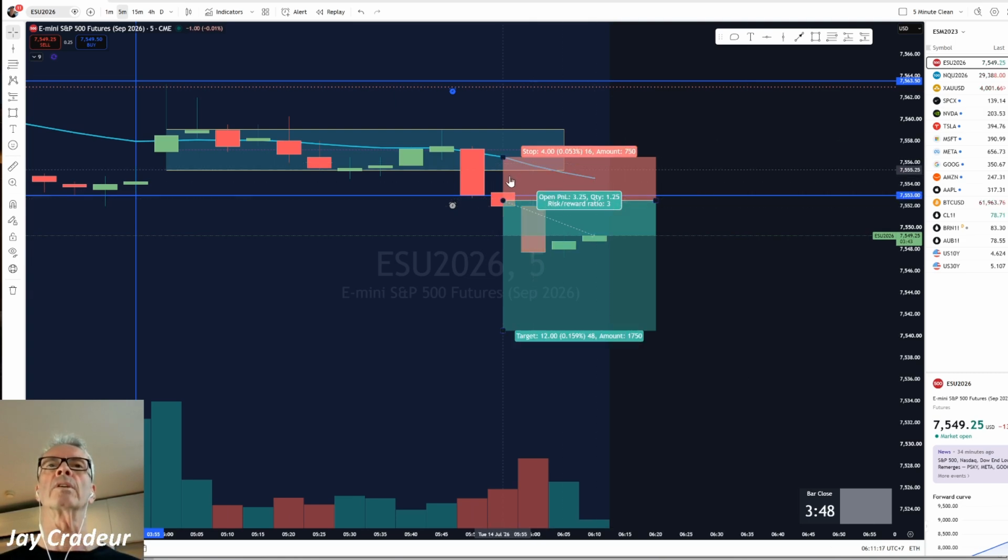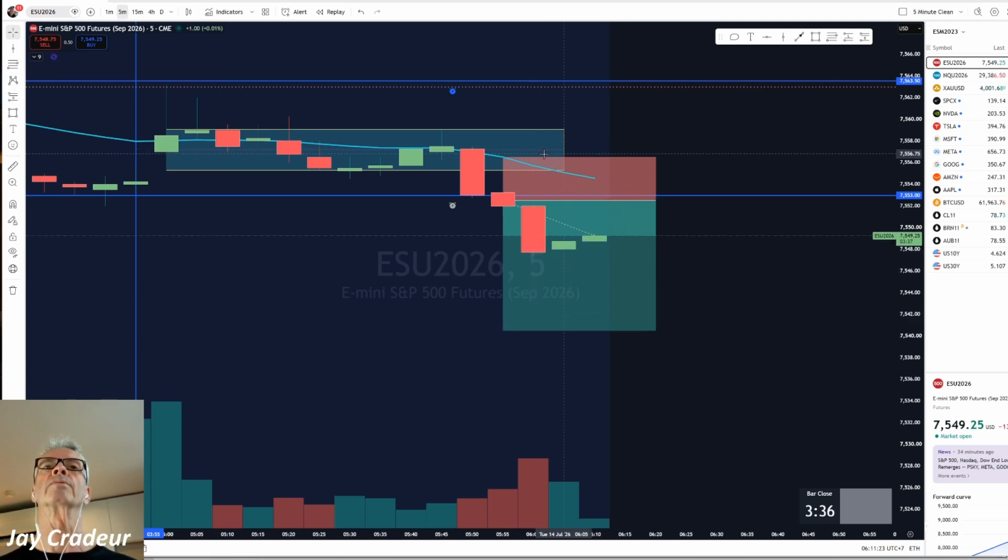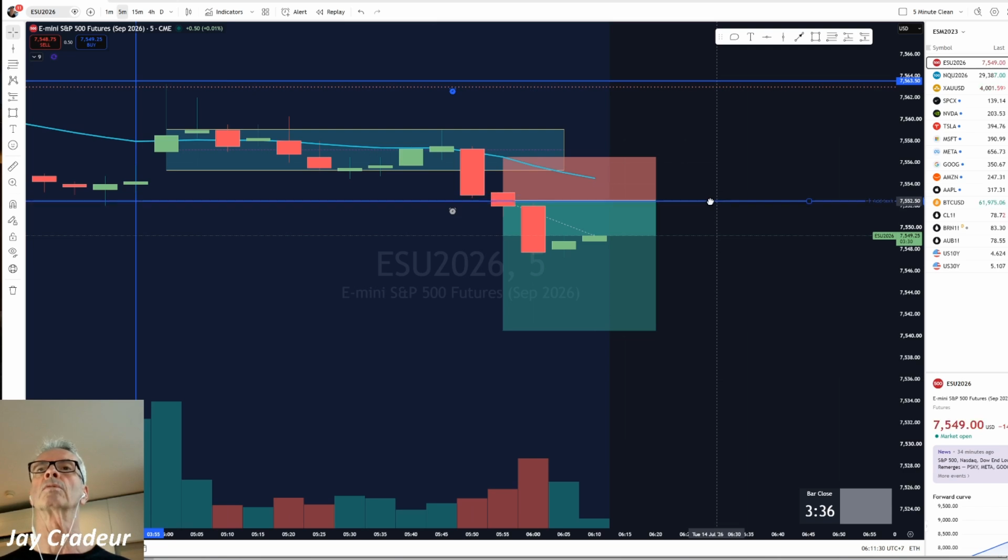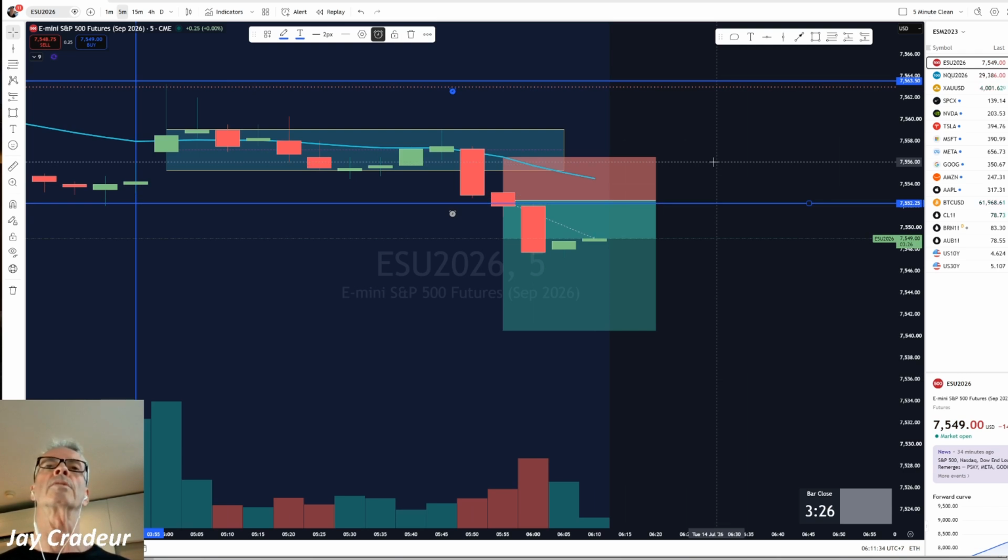But you can set up this, this is your stop area and this is your target. So we got a 12-point target. We have a 4-point stop. Of course, now our stop is set right about here. I can move this down, let's see, to 50, yeah. Right there. That's our stop.